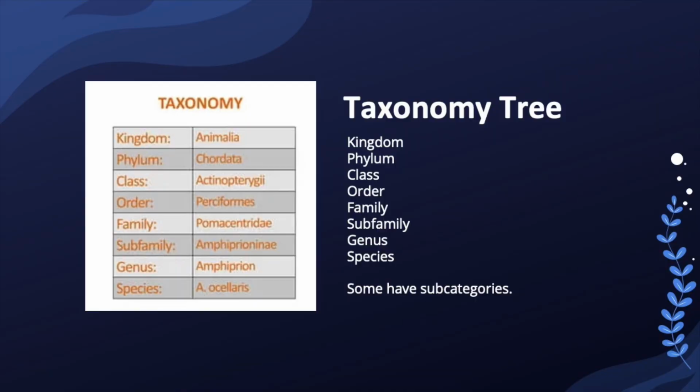If you've ever been in elementary school or high school biology, you've come across this tree, starting from the largest group of organisms, which would be kingdom, going all the way down to the specific species. So you have kingdom, phylum, class, order, family, subfamily, genus, and species.